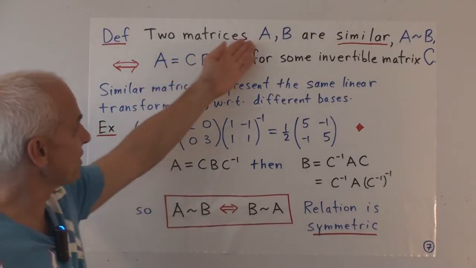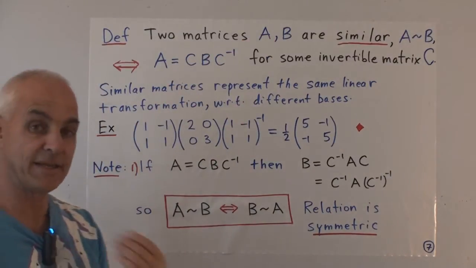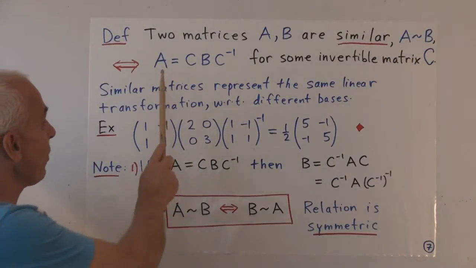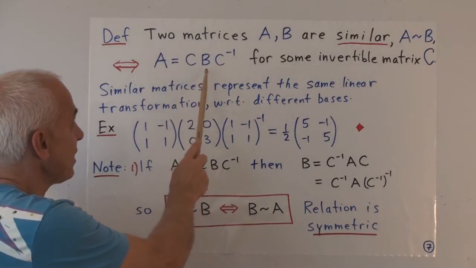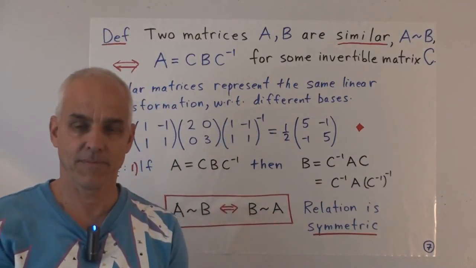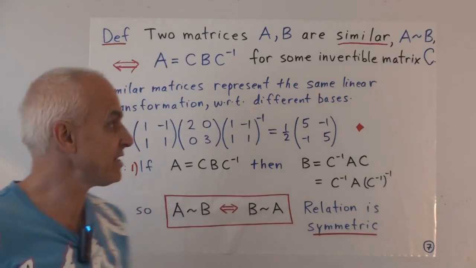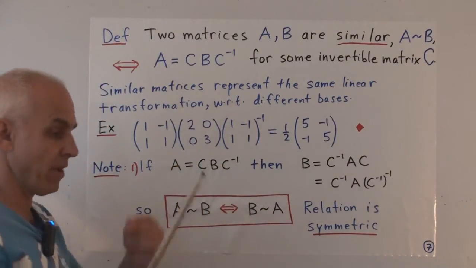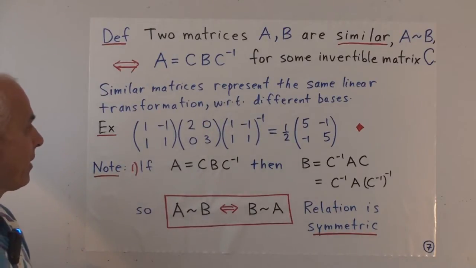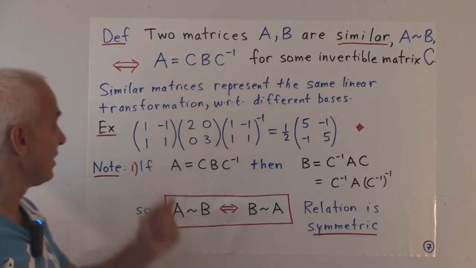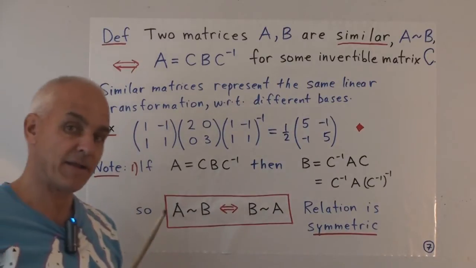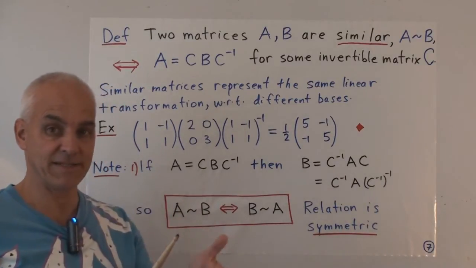So we say that two matrices A and B are similar, and we write A tilde B, precisely when A equals C times B times C inverse for some invertible matrix C. So if you can find some matrix C such that A equals this combination, then we say that A and B are similar. And our interpretation of this is that similar matrices represent the same linear transformation, but with respect to different bases.